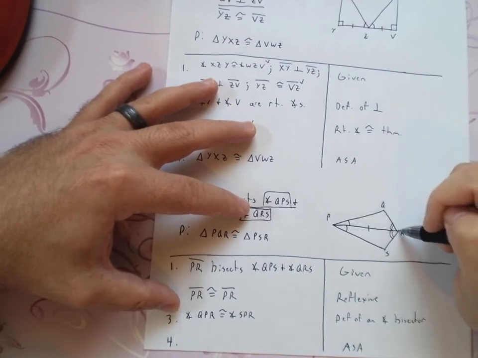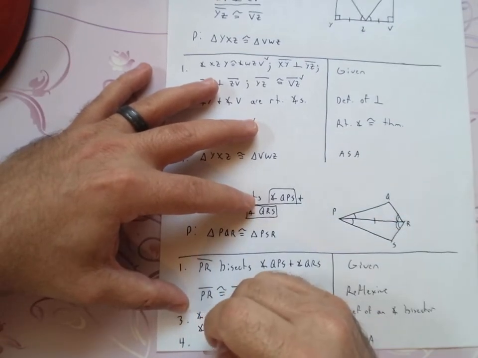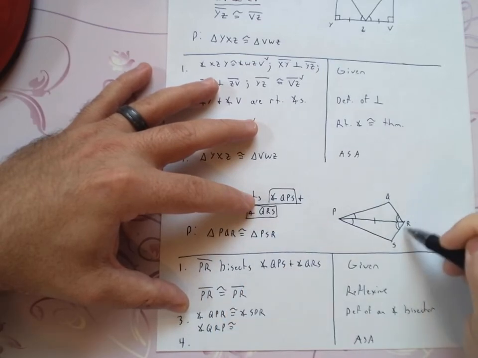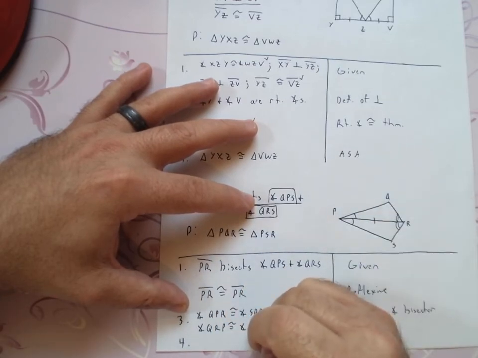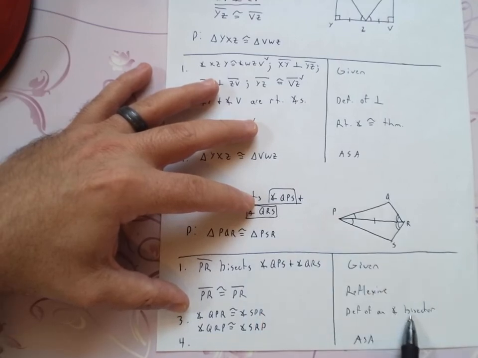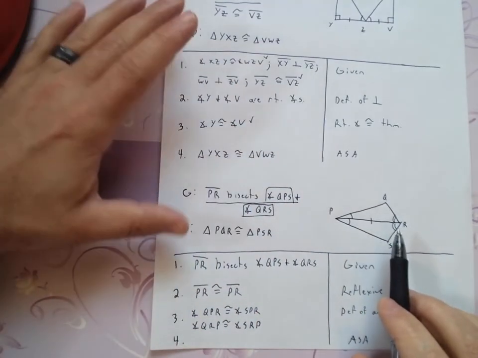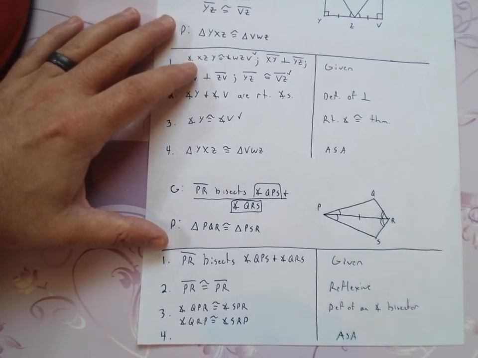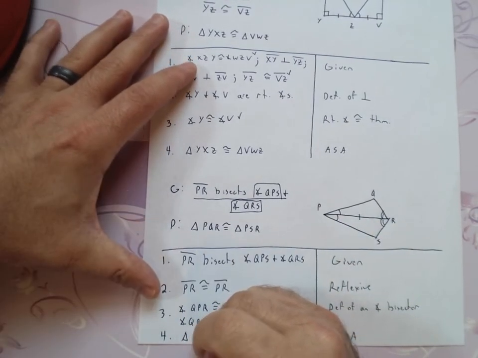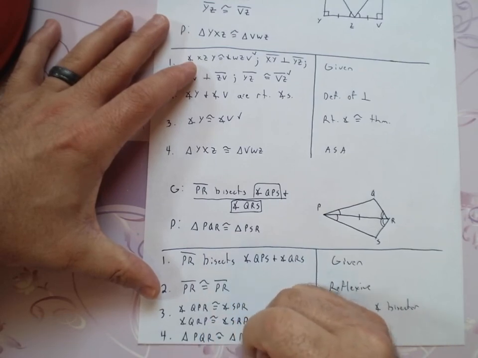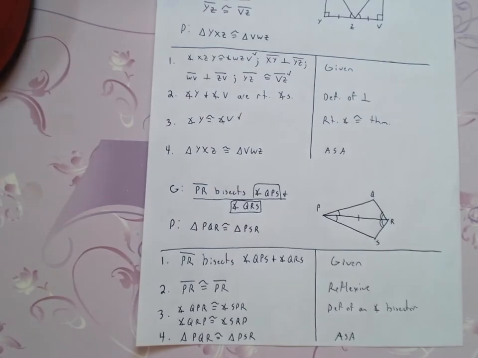Angle QRP has to be congruent to angle SRP, by that same reason, because an angle bisector was cut in half. Now you can see in my picture that this is angle, side, angle. So my triangle PQR is congruent to triangle PSR. Done.